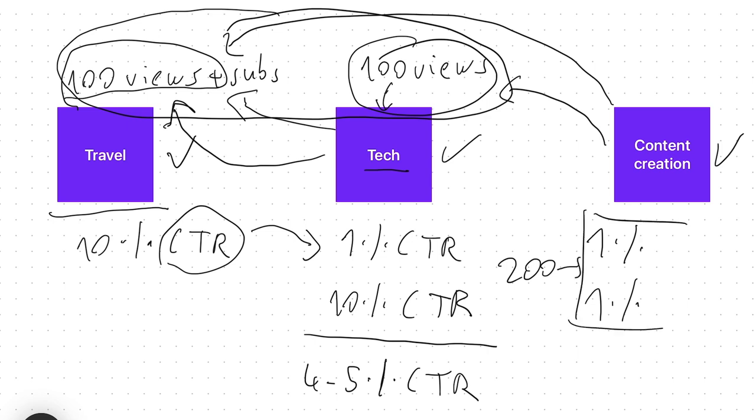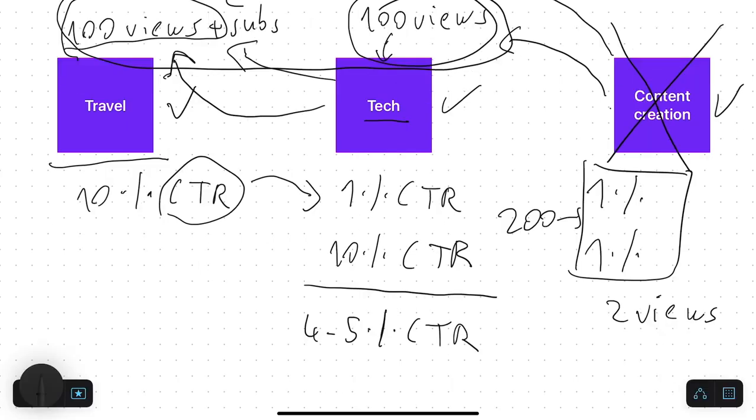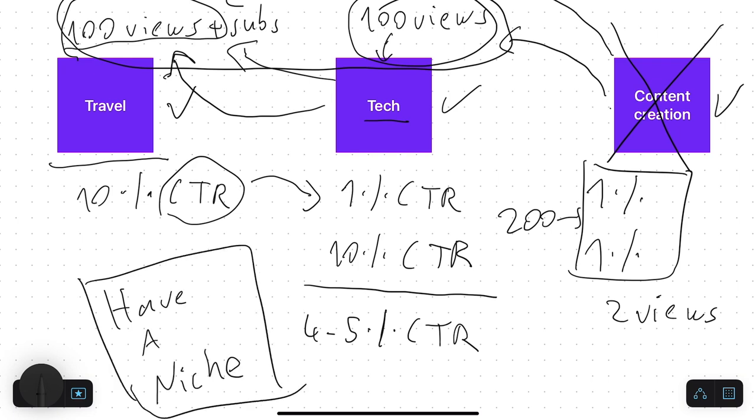But they got a 1% click-through rate on average, so you will get only 2 views. And then the algorithm says people are not interested in this one. So your third video is not going to get any views. This is why it is very important to have a niche, just because of this click-through rate problem.